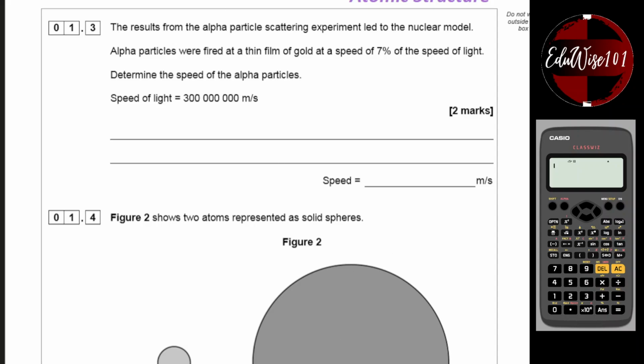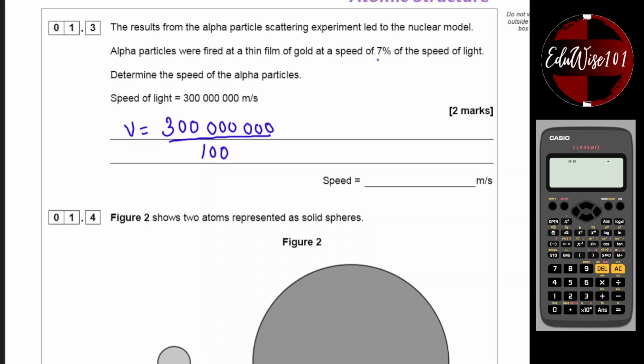You need to divide 300 million by 100, which will give you 1%.